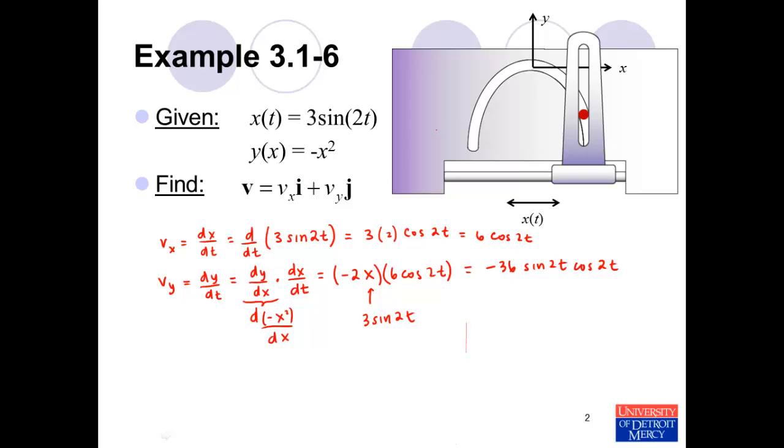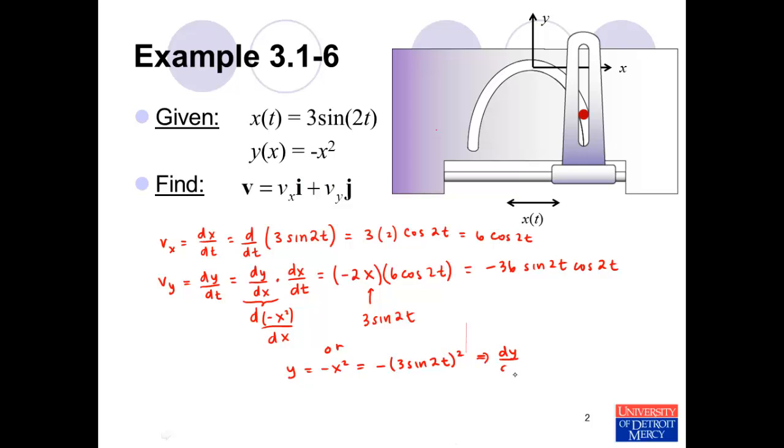You may have an easier time determining how we found the y component of the velocity if we substitute in for x right away. So alternatively, we can think of y as negative x squared, where we know that x is equal to this. So it's negative 3 times sine of 2t, squared.